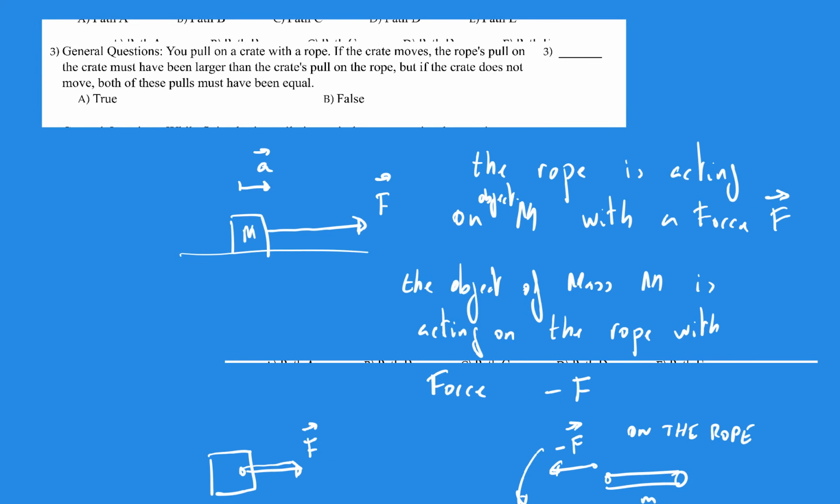Okay, please read this question and try to answer. This question is more or less the same as the one about the old lady crossing the street when a truck is coming.